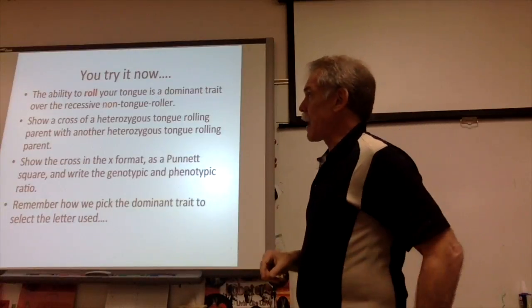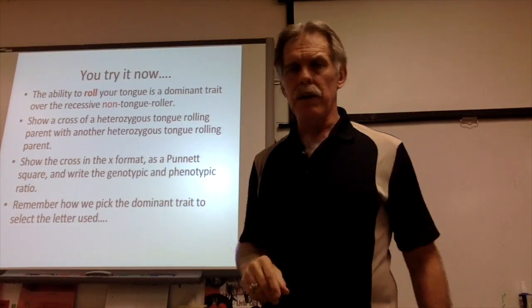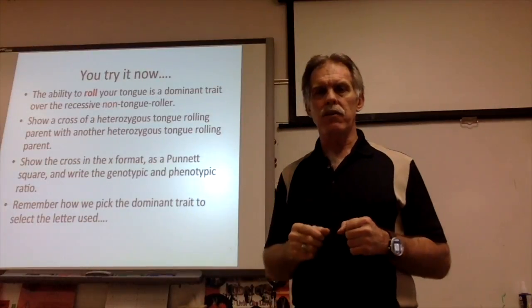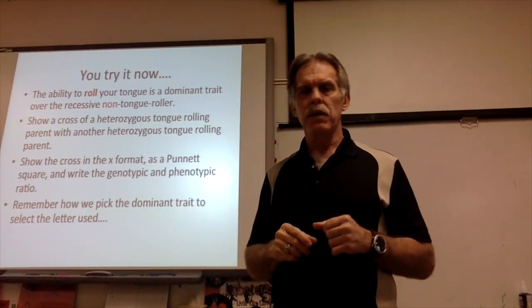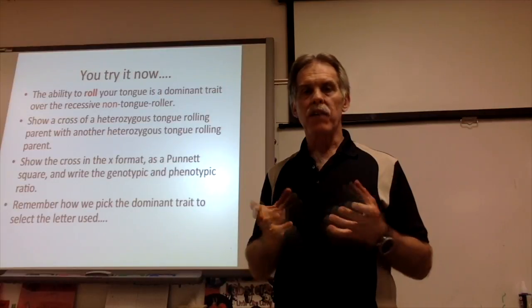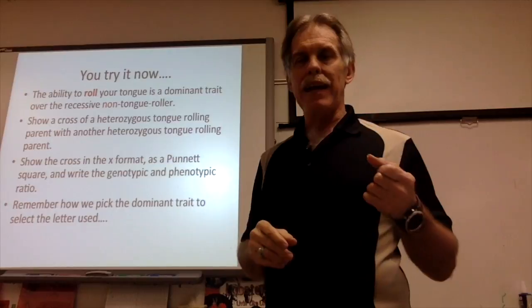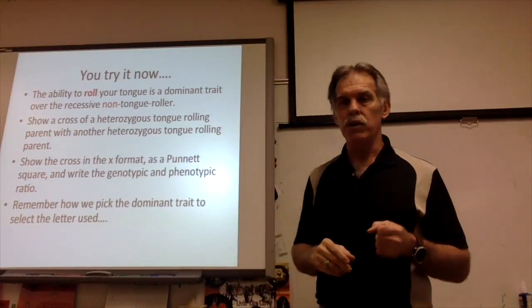So you try it now. The ability to roll your tongue, believe it or not, is a trait that is said to be controlled by simple complete dominance. So see if you can roll your tongue. Look at maybe your lab partners. It is a dominant trait to be able to roll the tongue.